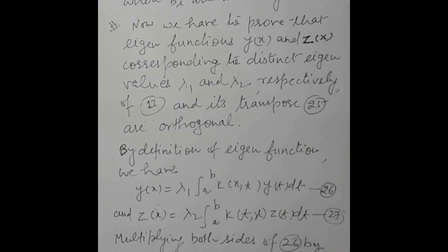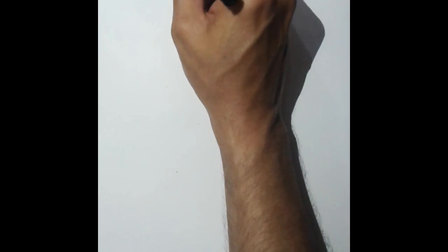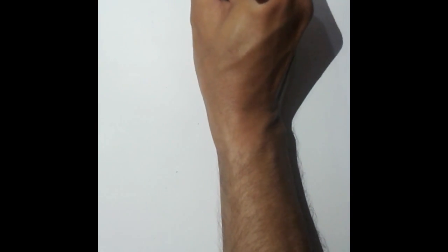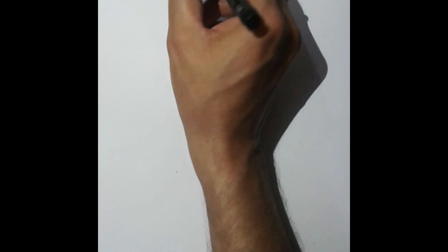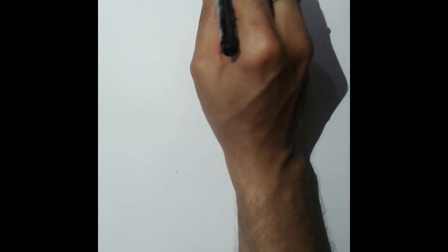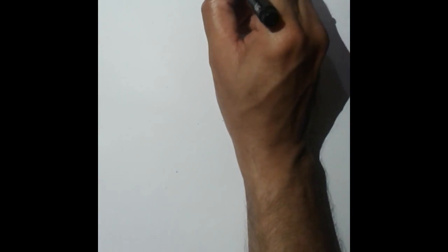Then we have λ2 times the integral from a to b of y(x) z(x) dx equal to λ1 λ2 times the integral from a to b of y(t), the integral from a to b of K(x,t) z(x) dx, dt.